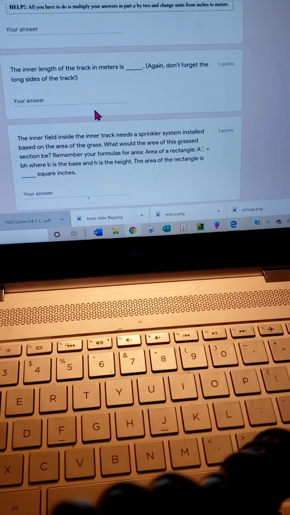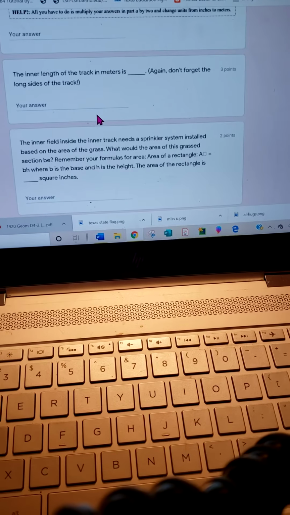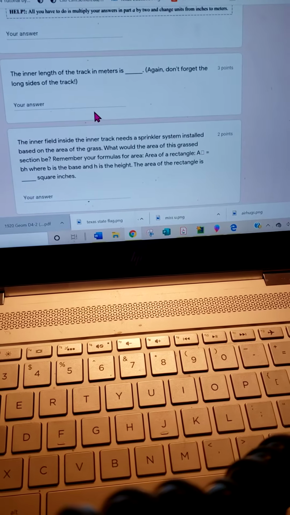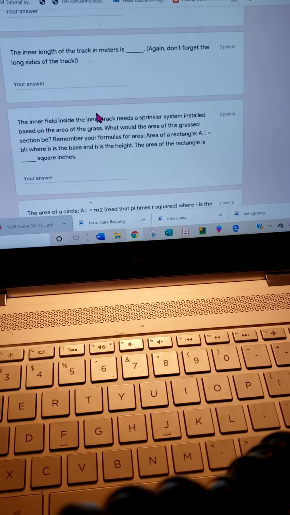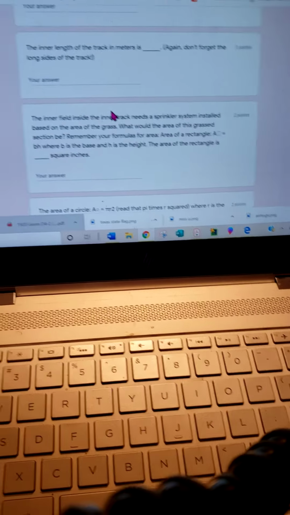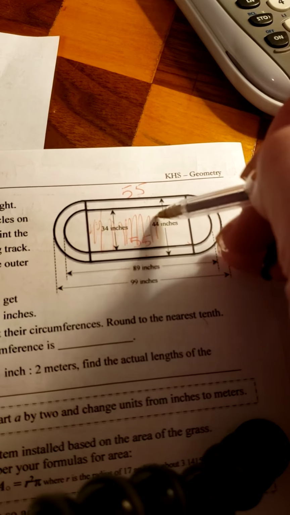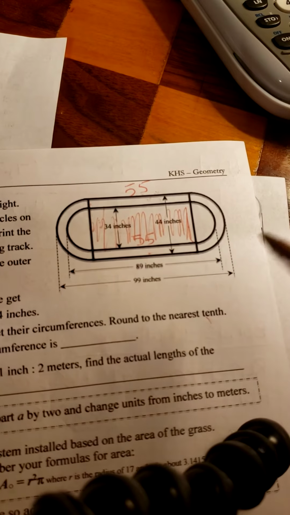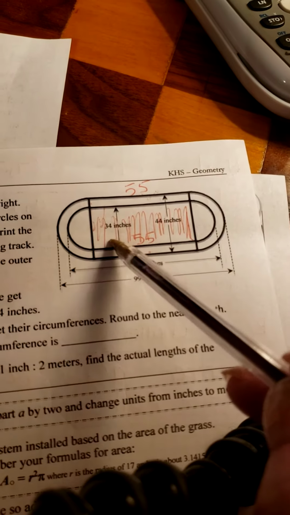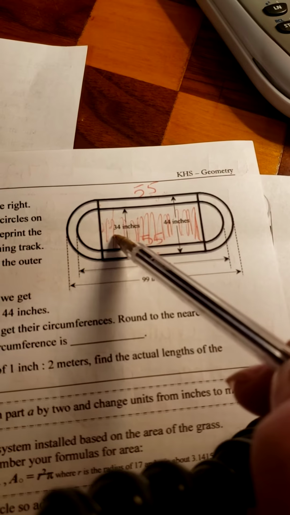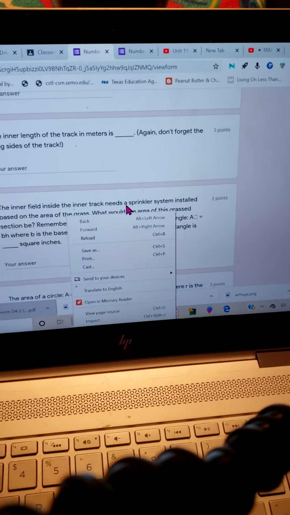Area of the rectangle, of course, is base times height, and the area would be in square inches. So I made sure you did square inches. So all you're doing now is this area in here, just this in here. So 55 times what? 34. And then you're going to go back up to your circle.